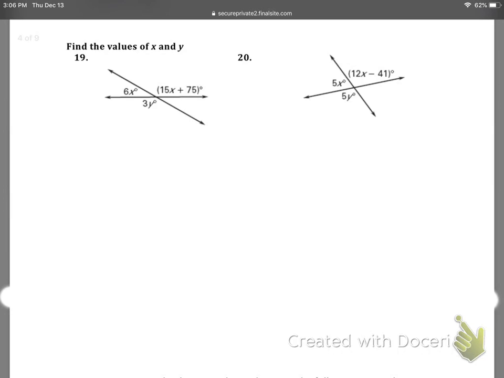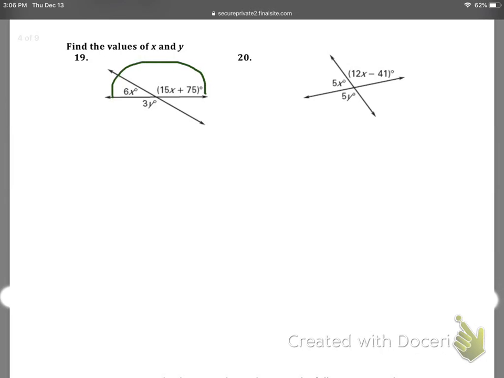If I look at this line right here, I'm picking out a linear pair. Do you see that linear pair? Now that linear pair is going to help me figure out what x is. When I add those two angles together, they should sum to 180.